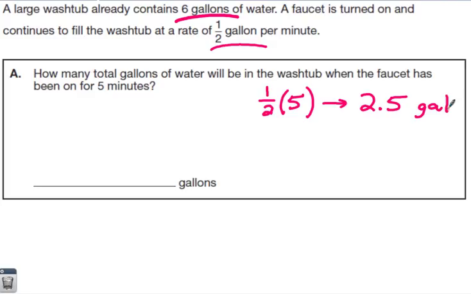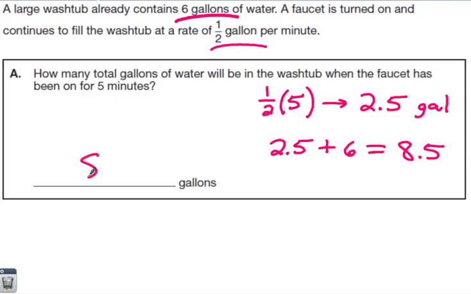And so when you add, quick point, if they had wanted you to show all of your work, if that would have been part of the directions, you would have definitely needed to show this, and it might even be necessary to include the units like half a gallon per minute, 5 minutes, 2.5 gallons, and then you would have also had to literally write out this step where you're adding the 2.5 onto the 6.